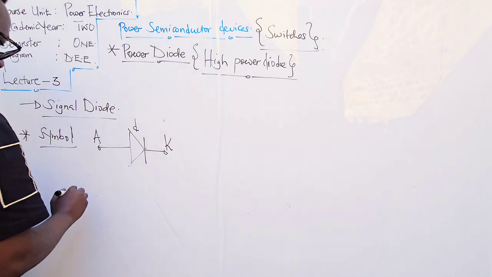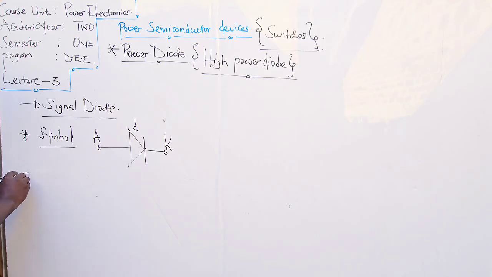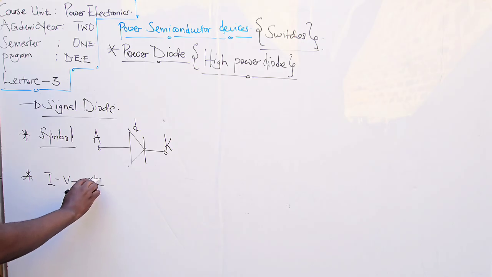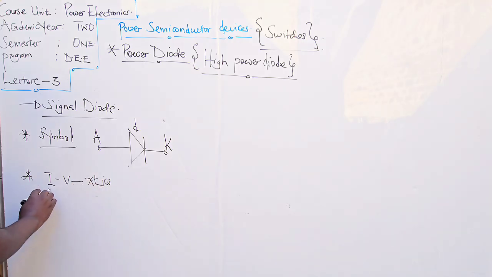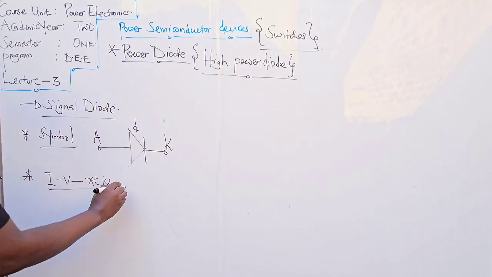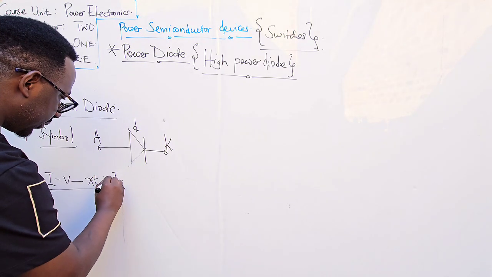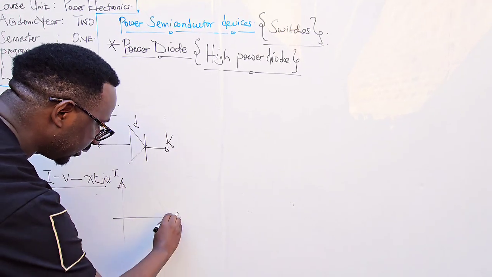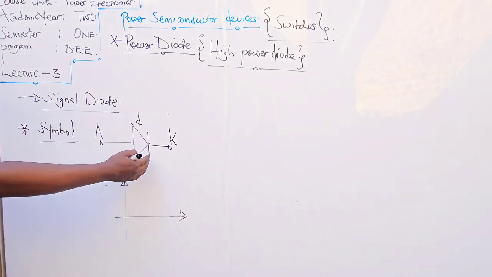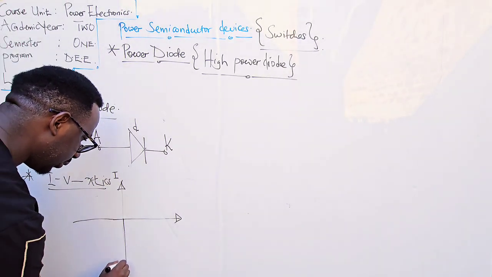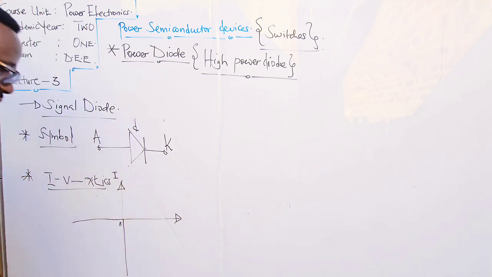So that's the symbol. What are the IV characteristics? Let's say we've plotted the current on the vertical axis and the voltage on the horizontal axis of such a device. That's the origin.